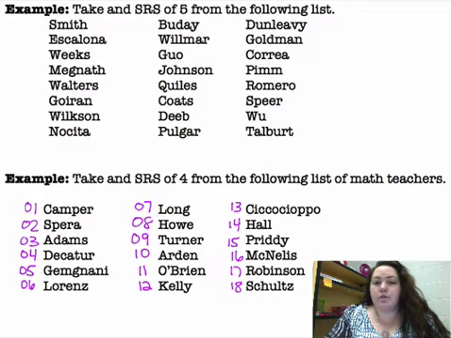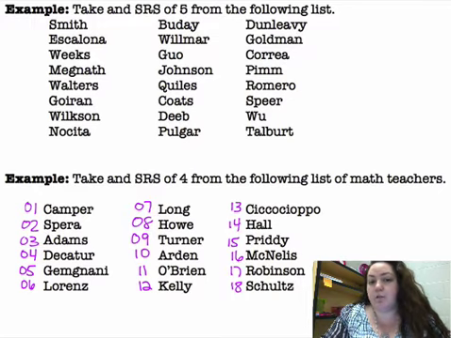And then I could use a random number generator on my calculator. So math, probability, random integer, no repeats, from 1 to 18. And then the first 4 numbers that come up would correspond to the 4 teachers that I would choose. And we'll actually look at picking some of those in class.